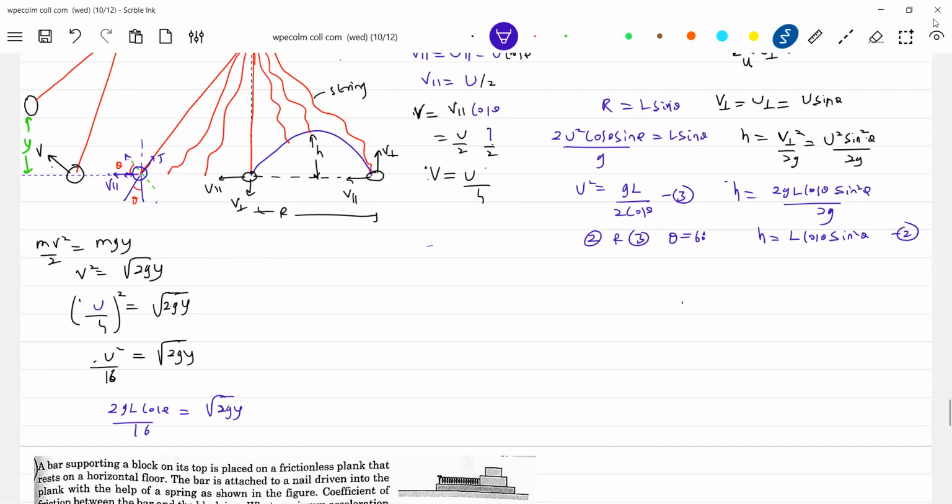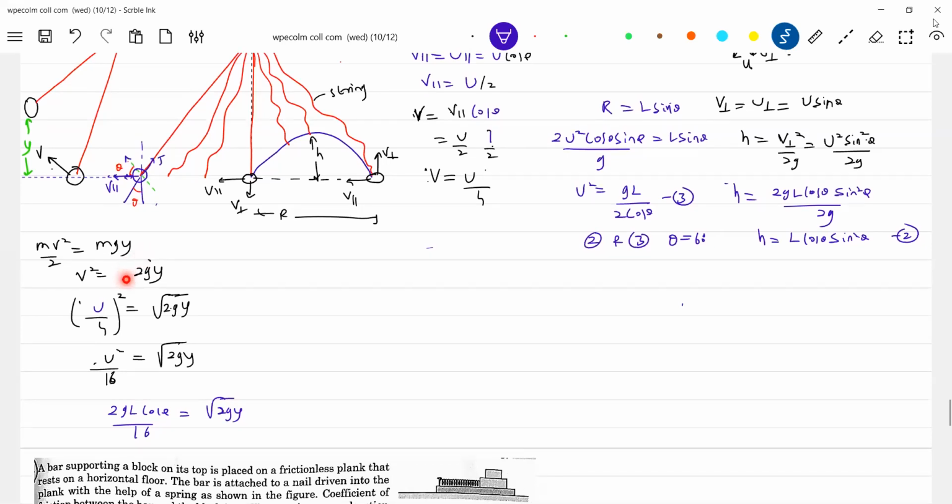But actually V square is equal to 2 GY, sir. You wrote V is equal to root 2 GY? Okay, yes, V square is equal to 2 GY. Cos theta 1 by 2. So this G also gets cancelled. So L by 16 is equal to 2Y. Y equal to L by 32.